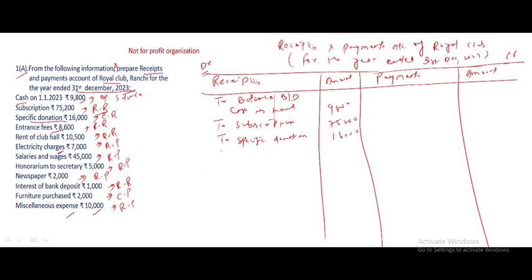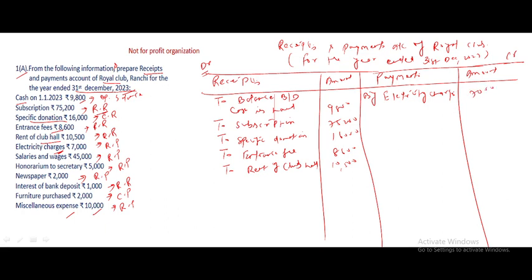Entrance fee, this is also a revenue receipt. Entrance fee amount is 8,600. Okay. Rent of club hall, this is also a receipt. Amount is 10,500. Electricity charges, charges means expense, that is revenue payment recorded on the credit side, by electricity charges. Amount is 7,000.